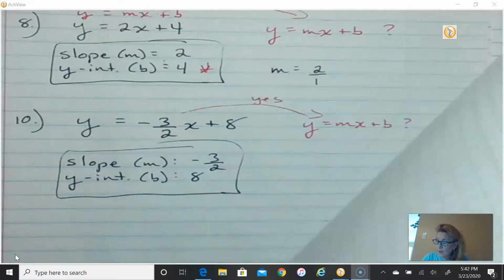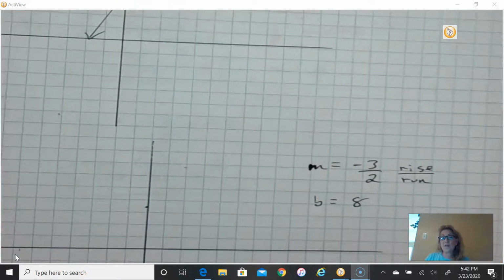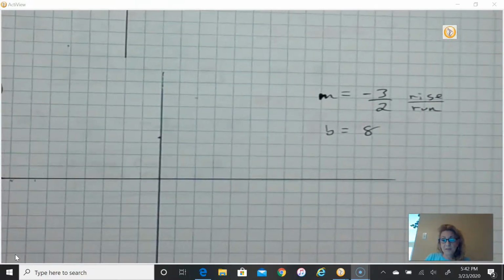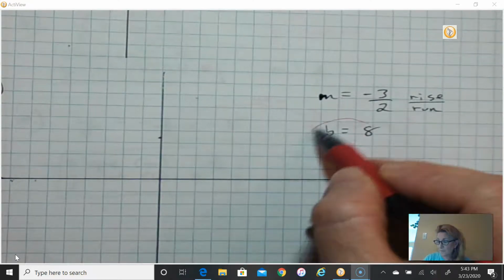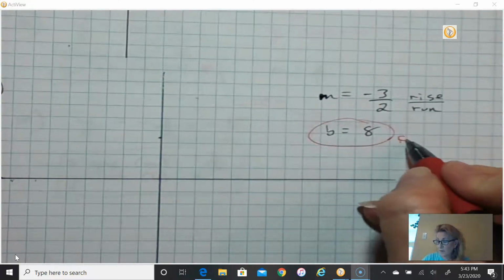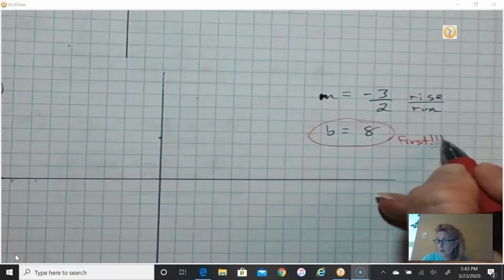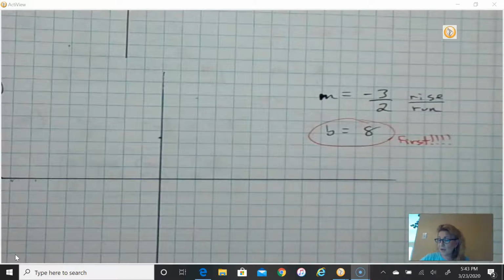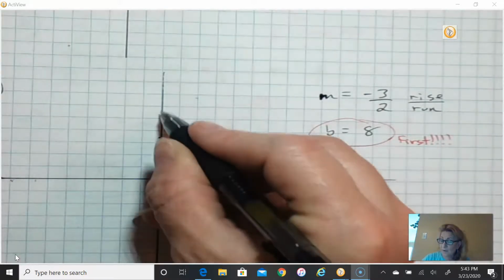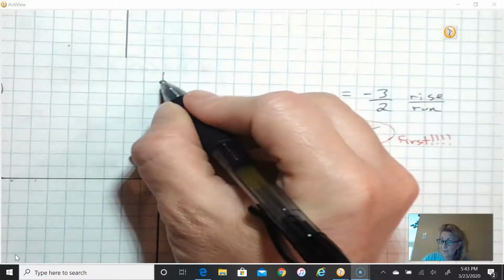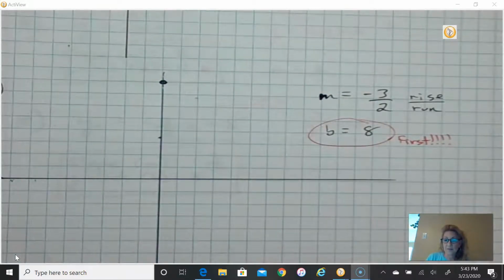Your y-intercept is 8. What is the first thing I plot on here? Your y-intercept. That's first. Always, always, always. So that's your first dot. 1, 2, 3, 4, 5, 6, 7, 8. You put the dot there.